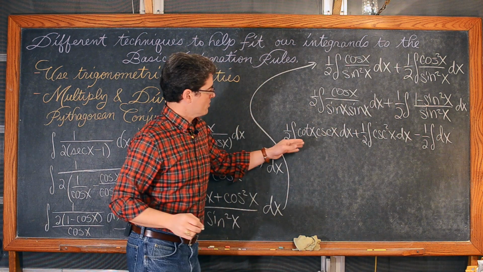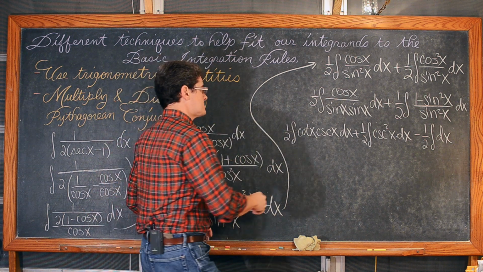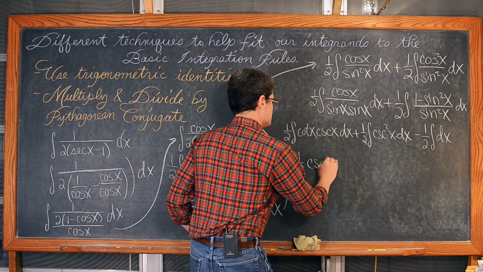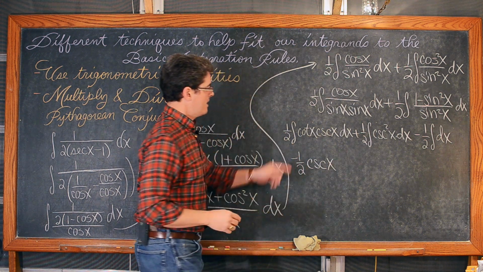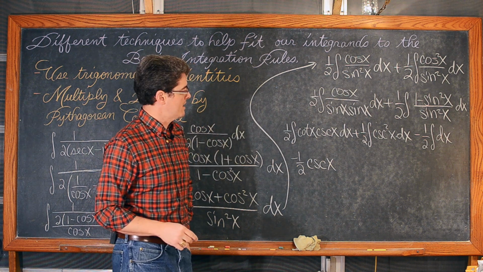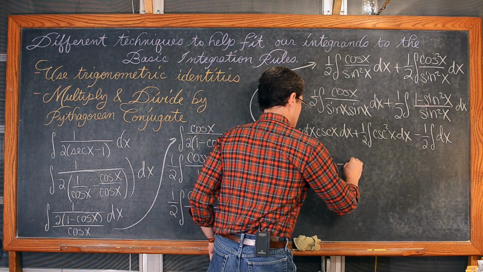Now, the integral of cosecant x cotangent x is negative cosecant x, and the integral of cosecant squared x is negative cotangent x.